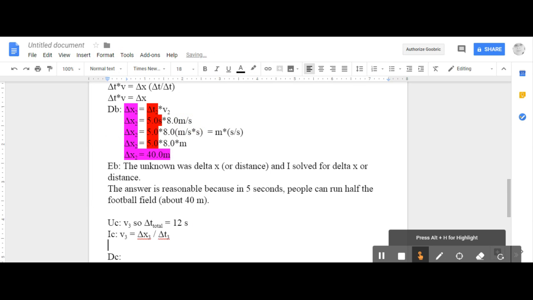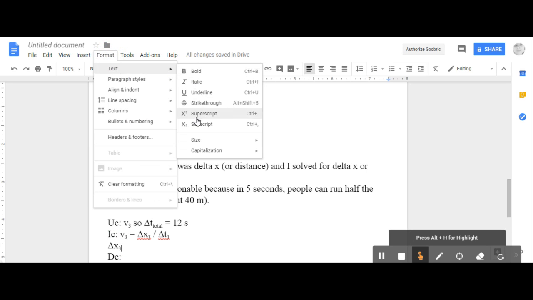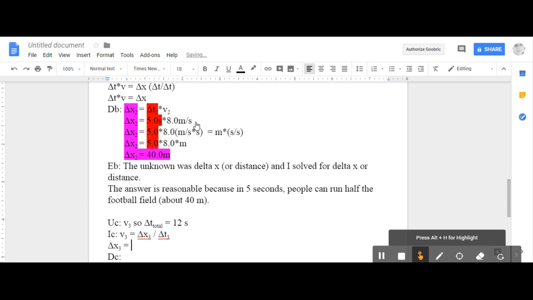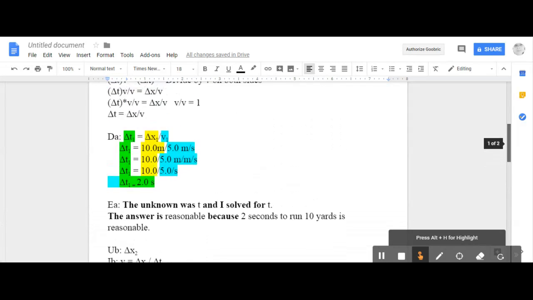So we need some more formulas. So let's think about what delta x3 is first. I'm going to go ahead and put the formula here. So what information do I have to help me solve for delta x3? I need to go back and look at the question.